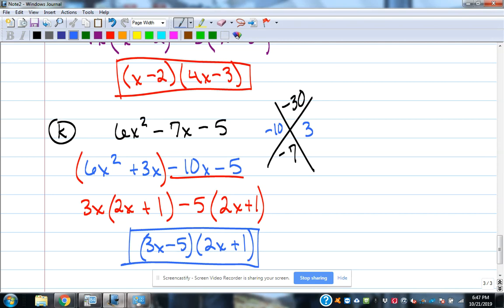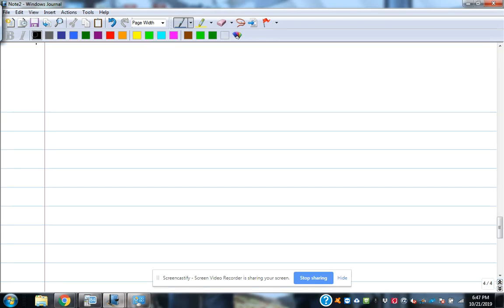All right, I want to show you a little shortcut for some of the trinomials or three-termed things that come up. What's different about this one compared to the last one as far as the original problem?